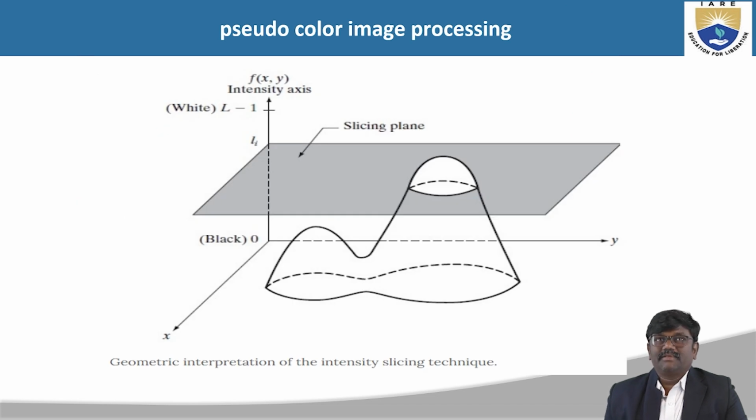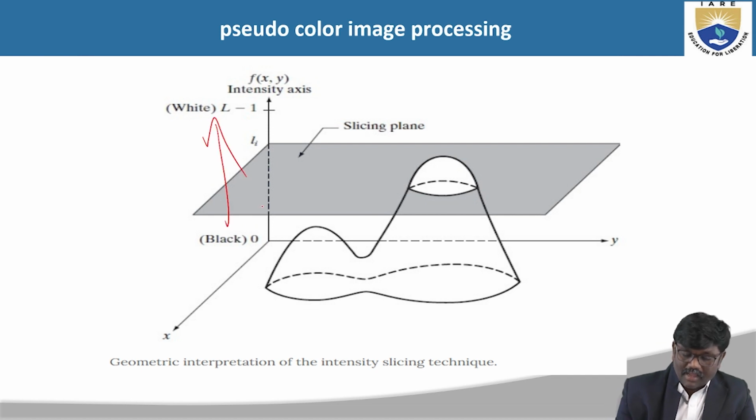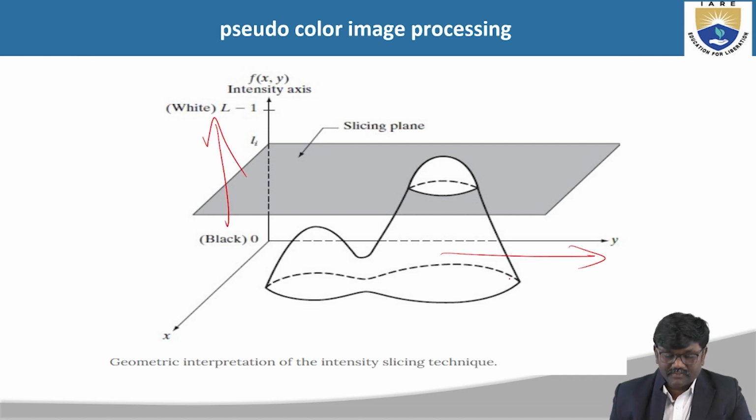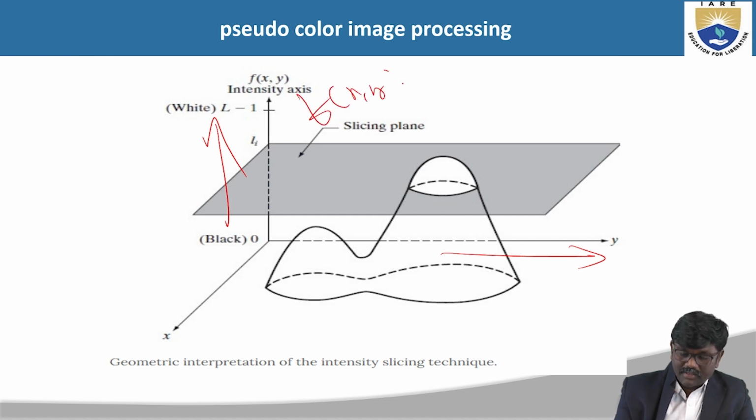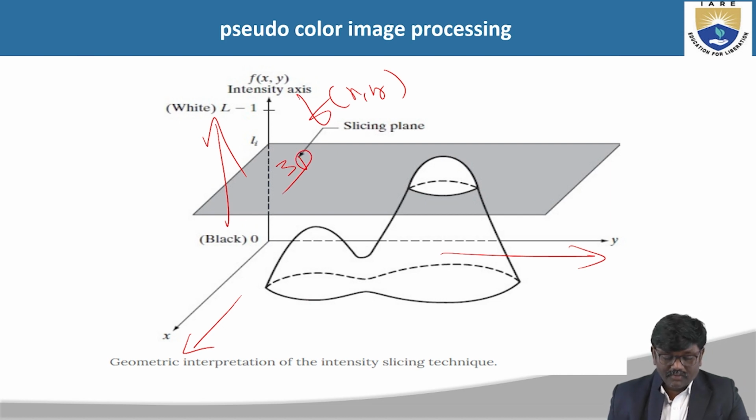Coming to the understanding of 3D image processing by applying intensity slicing, you can see the y-axis and x-axis values vary. How does f of x comma y vary in terms of x and y, but with variation in 3D? How can you check it?